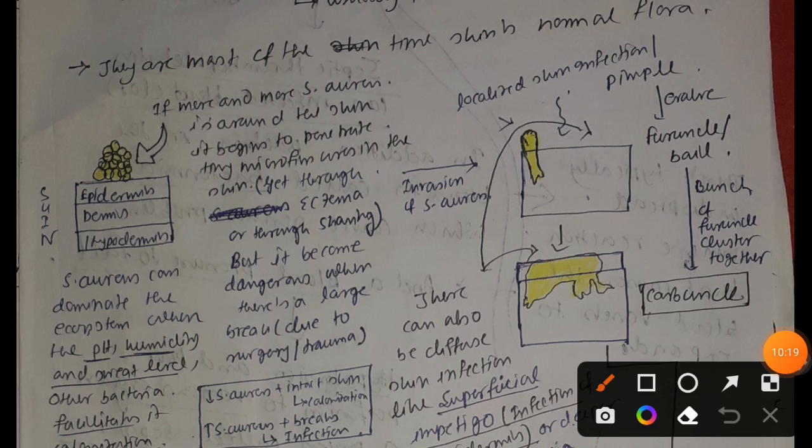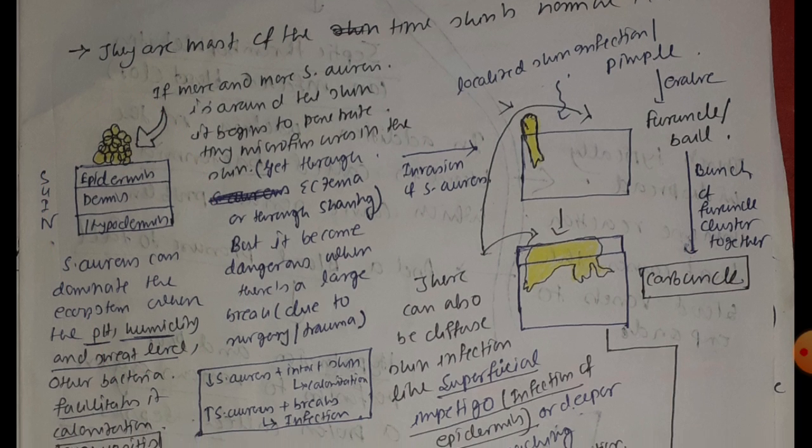Although they are normal flora of the skin and live without causing any problem, when the environment supports their overgrowth, for example when there is appropriate humidity, appropriate pH and appropriate sweat level, and also appropriate bacteria present that will support the colonization of Staphylococcus aureus, there will be Staphylococcus aureus colonization in the skin ecosystem.